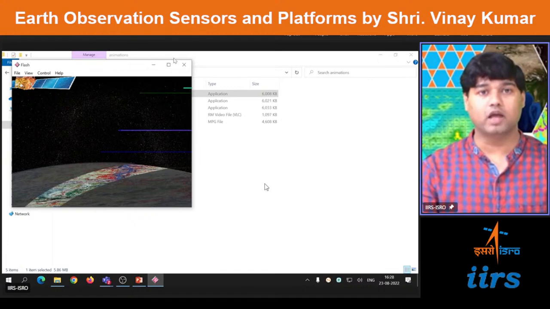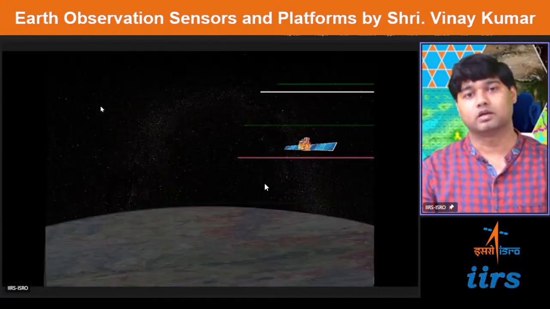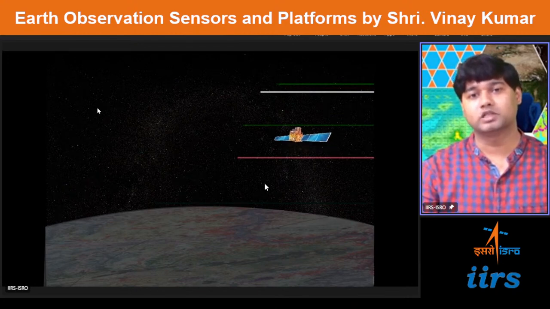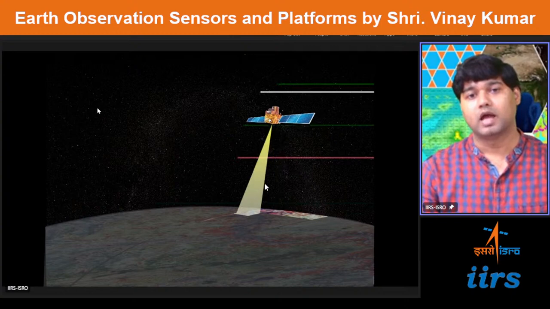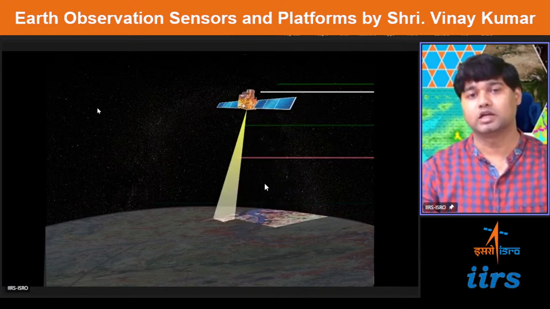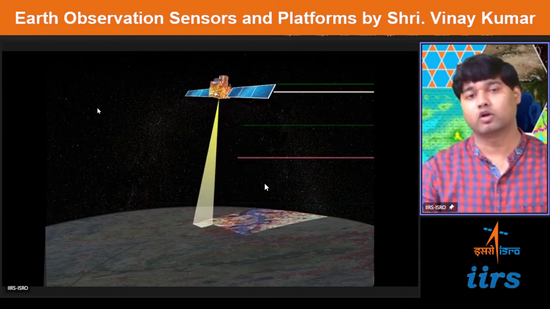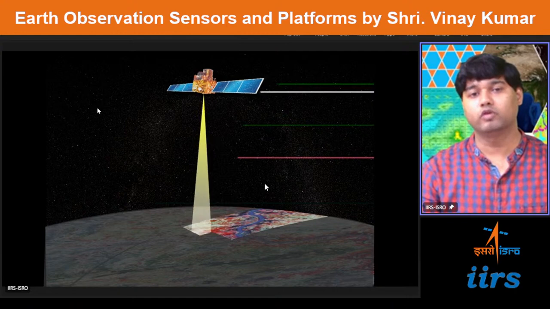But when we acquire data using a whisk broom scanner, it collects data pixel by pixel with the help of a rotating scan mirror, and as the satellite moves, it collects the data. It appears as if you are using a broom and sweeping the floor across the track while moving further.